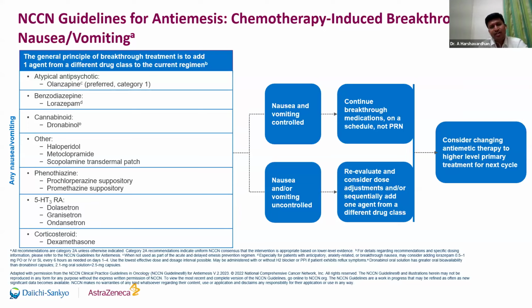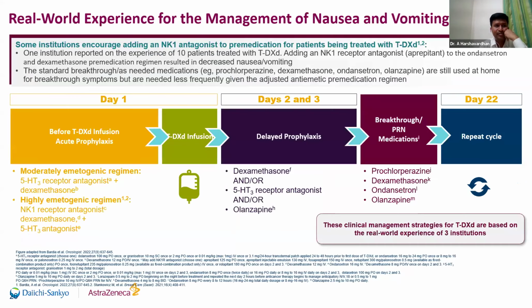If nausea and vomiting are controlled, we can continue the breakthrough medication. If it is uncontrolled, then we have to reevaluate and adjust with a medication which was not used before. And once the nausea and vomiting settle, for the next cycle we should consider antiemetic therapy at a higher level when compared to the previous cycle.